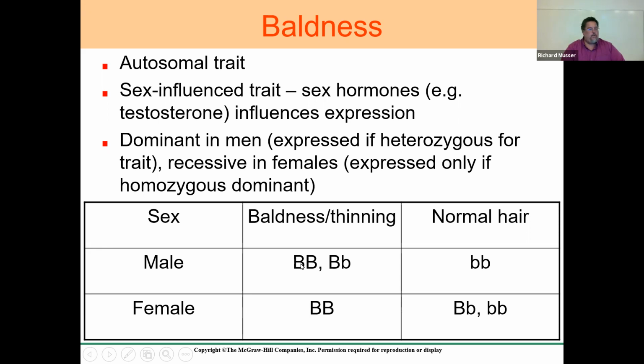Does that make sense? While females, even if they have the genes, are only going to be bald if they're homozygous for the baldness gene, not heterozygous, because they don't have as much testosterone. So this is a sex influenced trait.